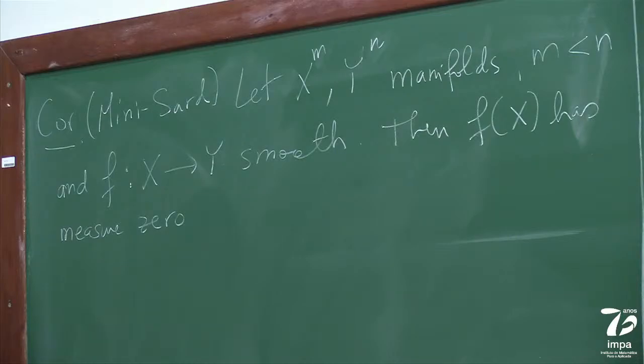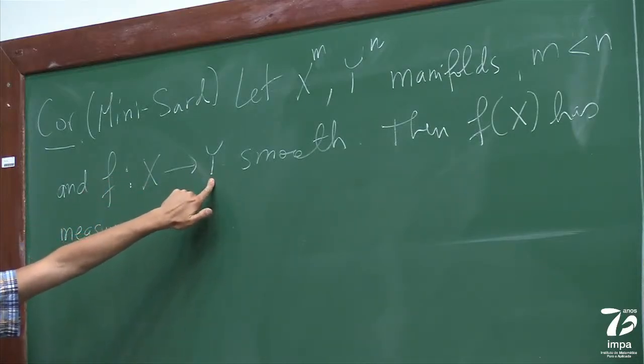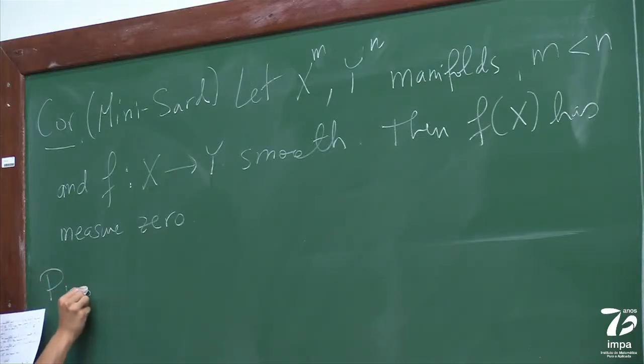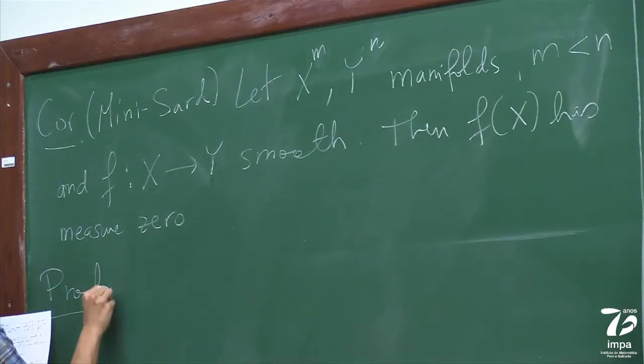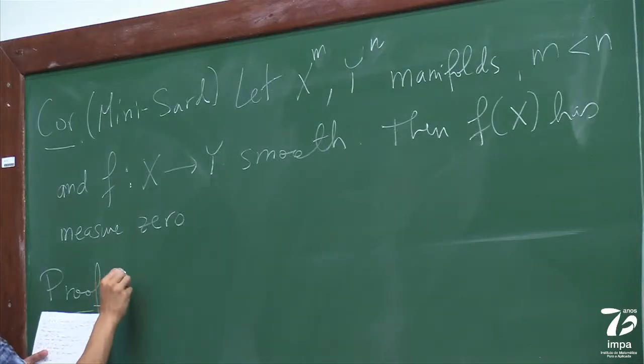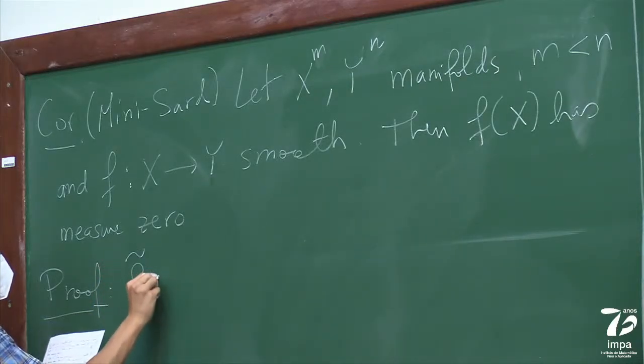Okay, so if I have a function from one manifold into another, and if the dimension of the domain is less than the dimension of the target, then the image has measure 0. So what's the proof? The proof is very simple. You can just write a different function first like this.